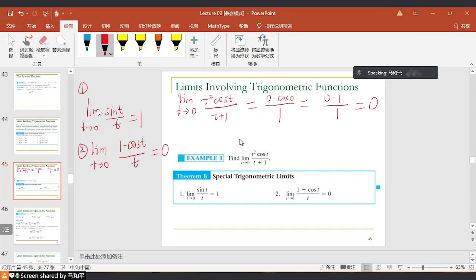The first one we prove by the squeeze theorem. And the second one, maybe we can prove after we learn L'Hopital's rule. L'Hopital's rule, in Chinese is 罗必达法则. We will prove the second one later. And here we should remember these results.